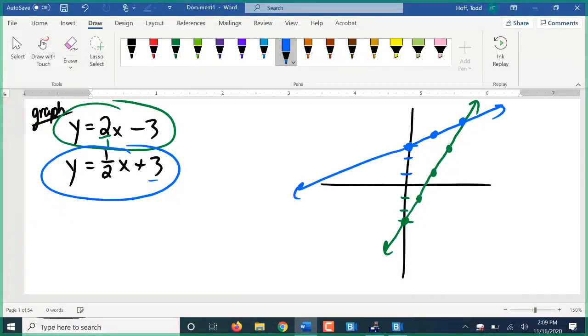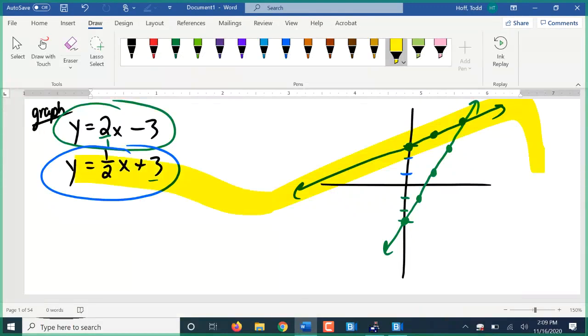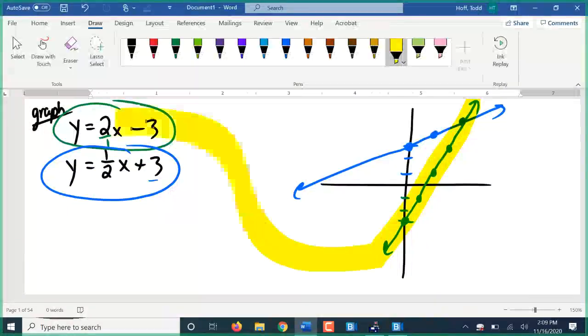Now let's recall what these lines mean. This blue line here is the set of all solutions to this equation in blue. The green line here is the set of all solutions to that equation in green. In other words, I can pick any point on that line. Like this one right here is, what was it, (2, 1).